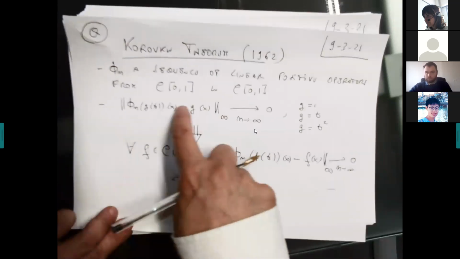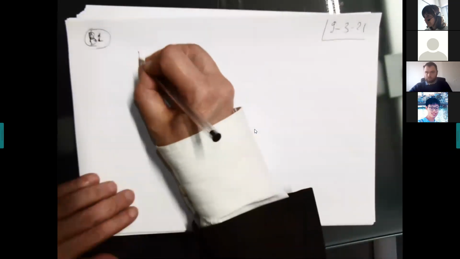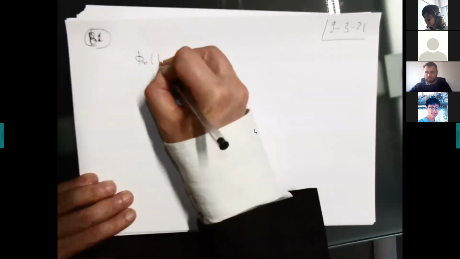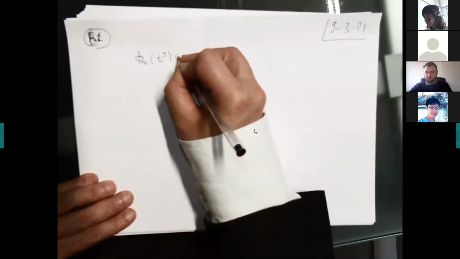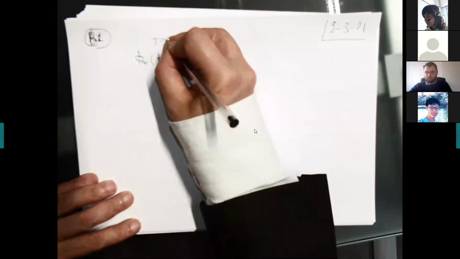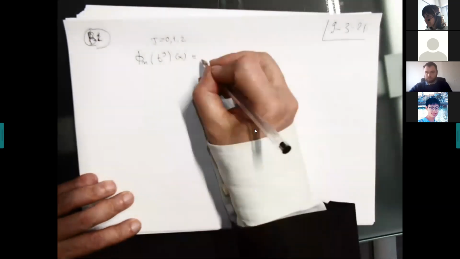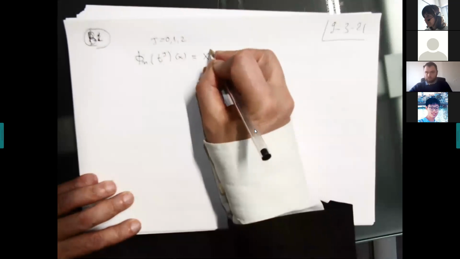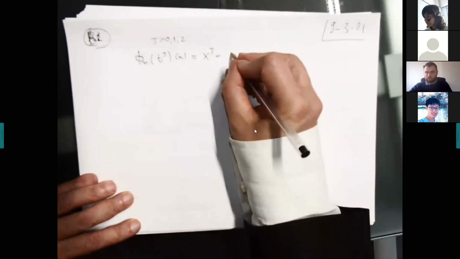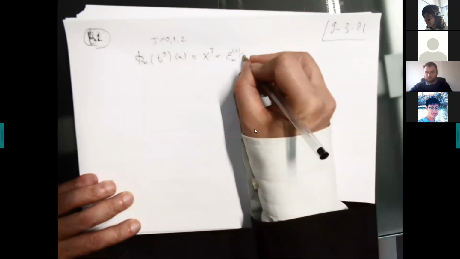So from this assumption on the test function, we can say that phi n of t to the power j evaluated in x, j equals 0, 1, 2, we have only this stupid function. It is exactly x to the power j plus some error, which I call epsilon n j of x.